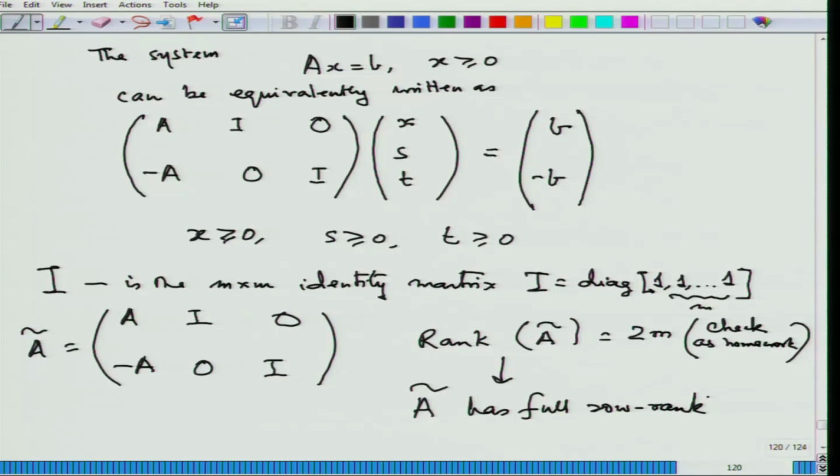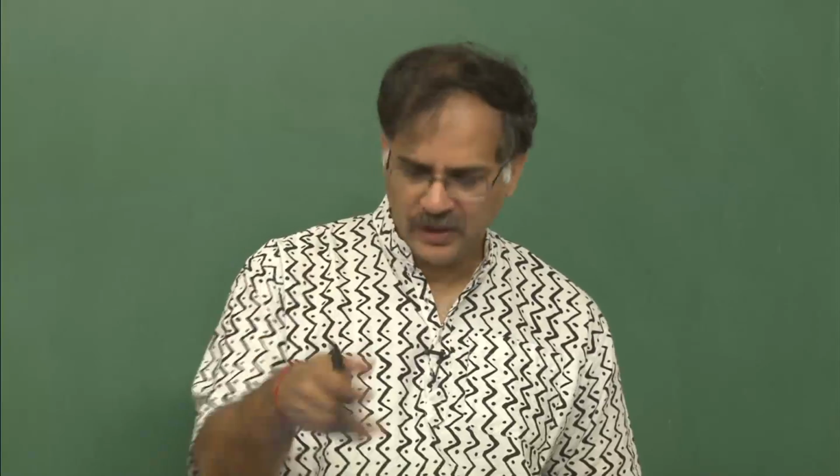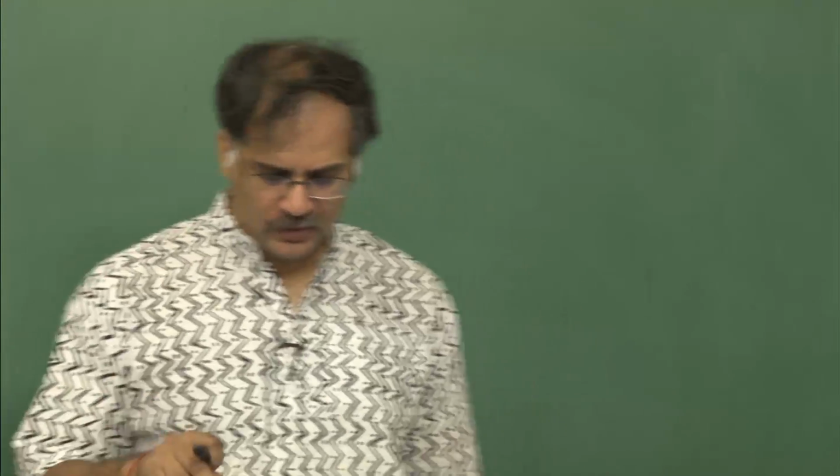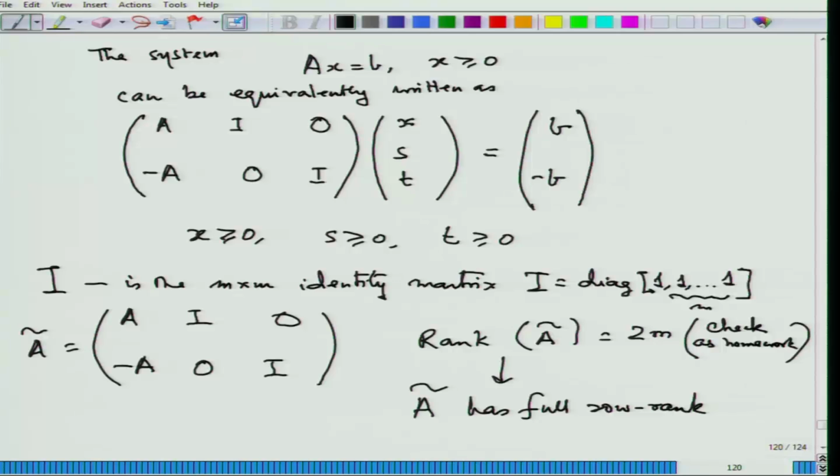So, give me a system like this, I do not bother about the rank of A, I can convert it into a system where I have a matrix which equivalently expresses the constraint system, but has full rank. So, without loss of generality, as is usually written, we can assume that the rank of A is m.